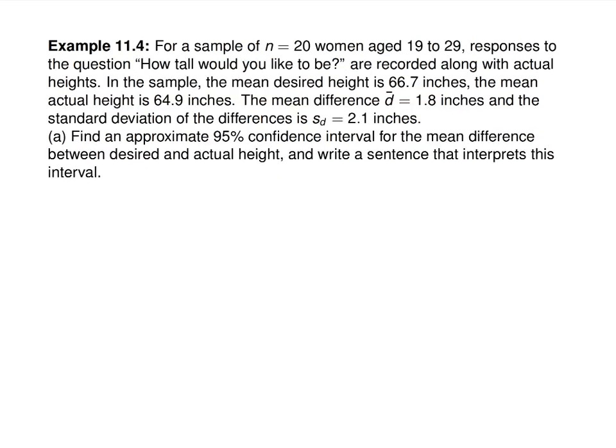All right, for a sample of 20 women aged 19 to 29, responses to the question, how tall would you like to be, are recorded along with actual heights. So notice that you have ideal heights and actual heights. That's a paired sample.